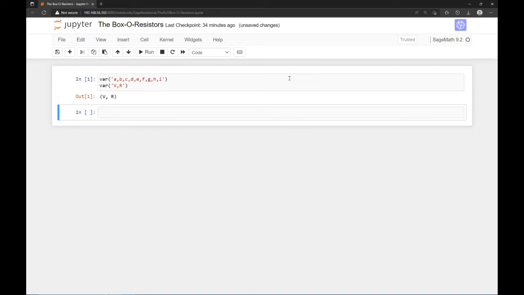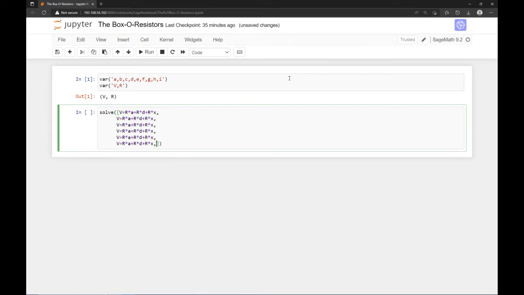And then the next step would be to produce the system of equations. So I'll just write this out once and then quickly change up all the variables. So we'll have 6 equations that kind of look like this. Sorry, I know, riveting data entry here.